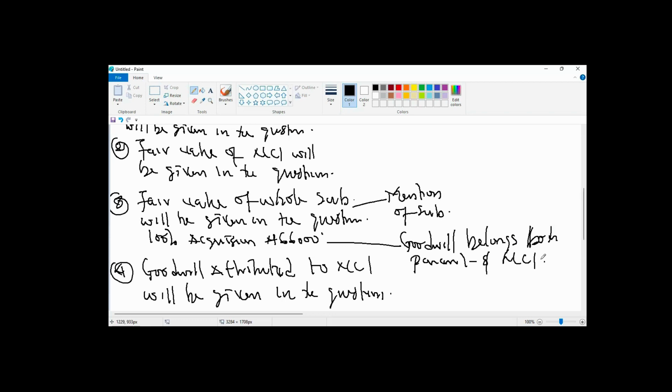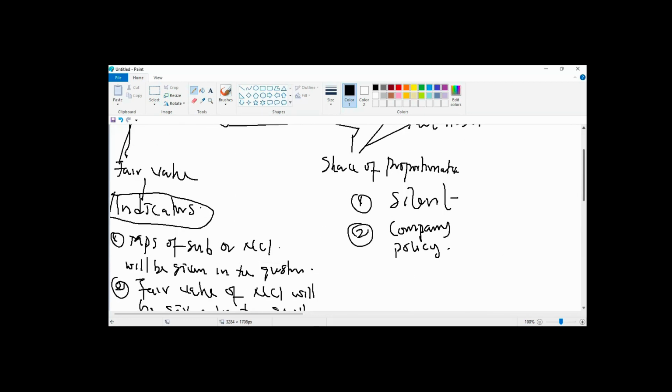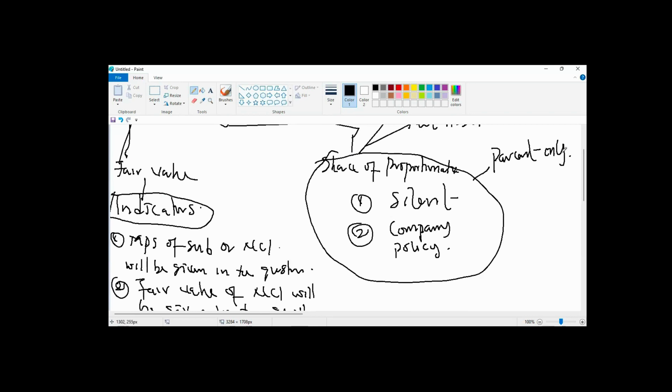Any goodwill you have derived when NCI is valued at fair value, the goodwill belongs to both the parent and NCI. Please take note of it. But any goodwill you have derived when NCI is valued at share proportionate, that is the net asset method, the goodwill belongs to the parent only. But if it is fair value, it belongs to both the parent and NCI.